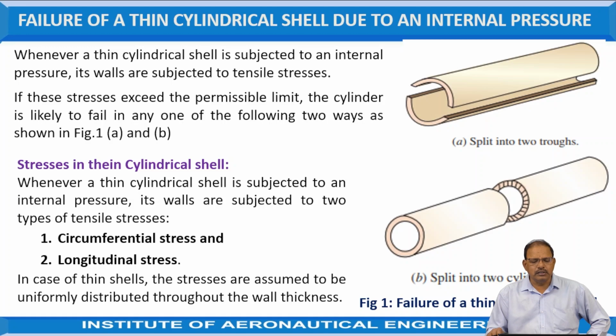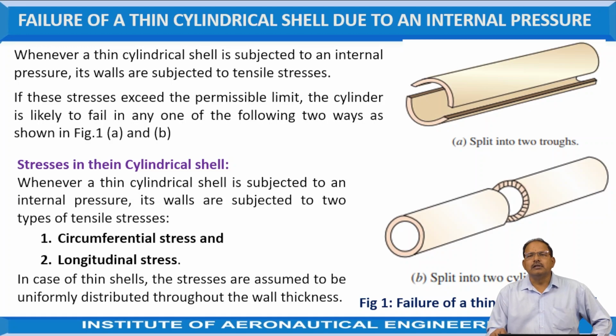Whenever a thin cylindrical shell is subjected to internal pressure, its walls are subjected to tensile stress. We are considering the failure of shells now. When the shell is subjected to internal pressure, it is subjected to two types of stresses, particularly for thin cylinders. One is circumferential stress, and one more is known as longitudinal stress.